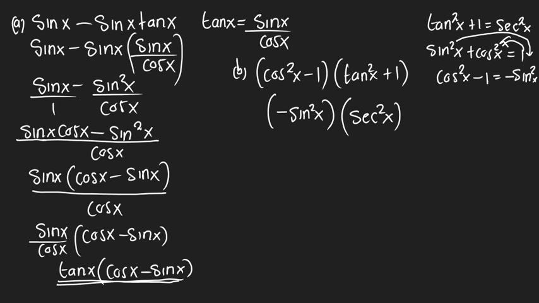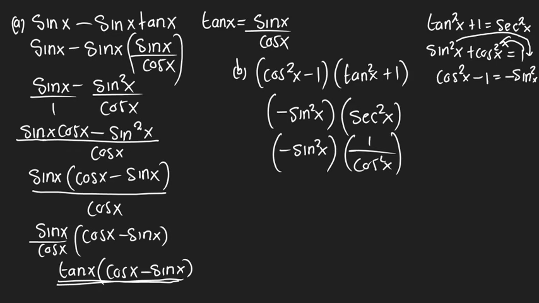Very simple. Right. Now, upon reaching there, you are able to multiply whatsoever is there. So, either way, you can say minus sine squared x, then this side is going to be 1 over, so secant is just 1 over cosine squared x.